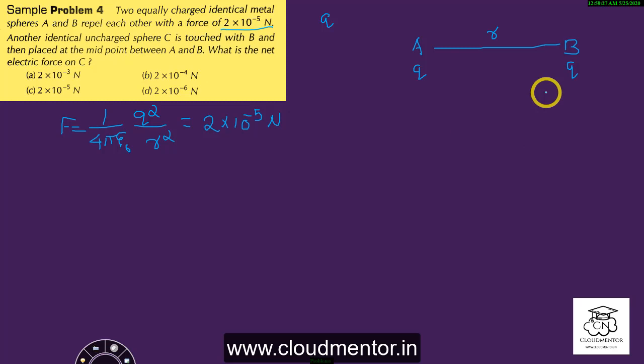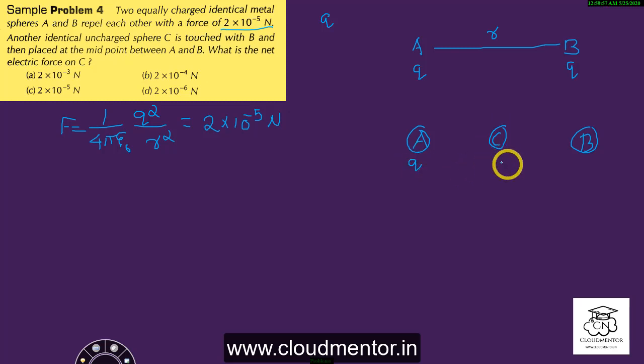And in the next situation, another identical uncharged sphere C is touched with B and then placed at the midpoint between A and B. I can draw the picture like this: there are spheres A and B, and in the middle of them there is another sphere C, and A is having the charge q.